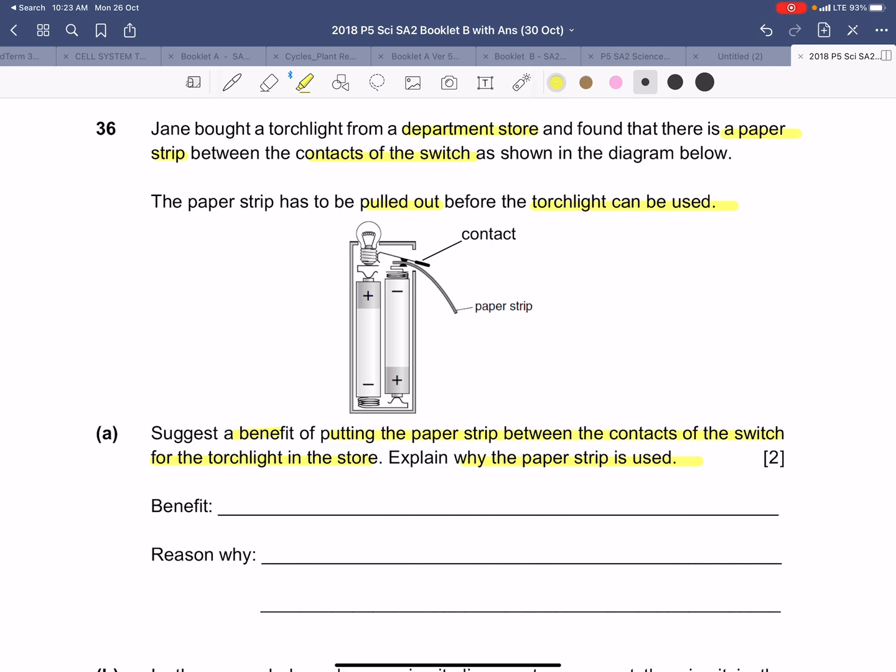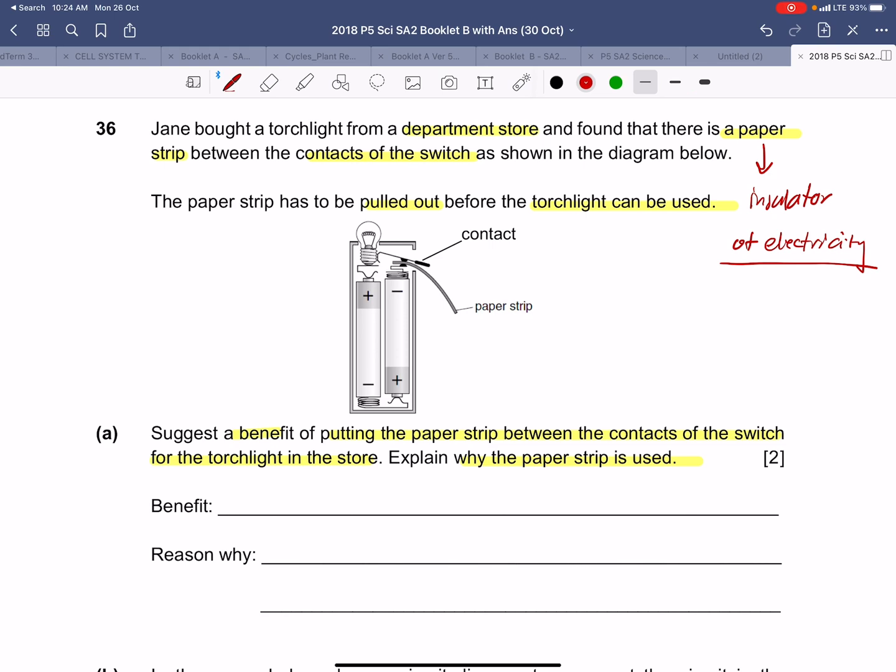So first things first, we need to understand a few things. Now, the paper strip is actually made of paper, and paper in this case is an insulator of electricity. On this note, I would like to stress that the phrase insulator of electricity needs to be spelled out in full, including electricity.